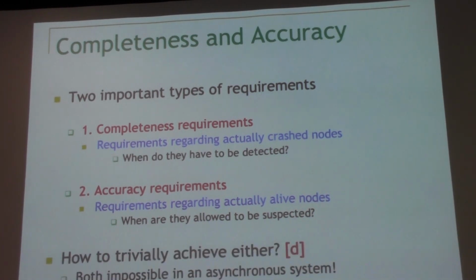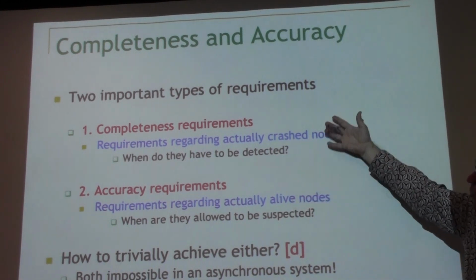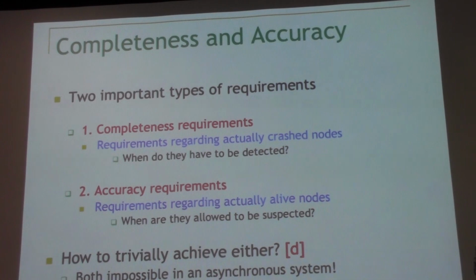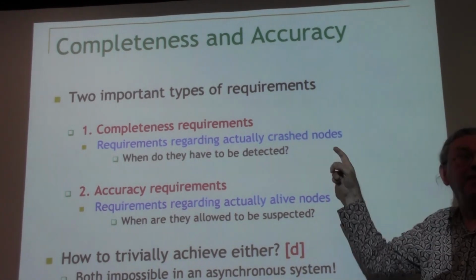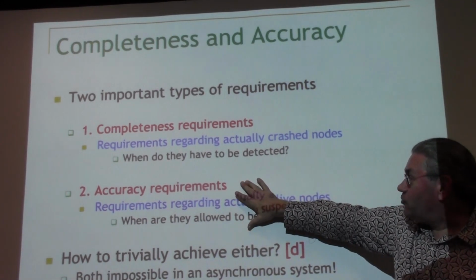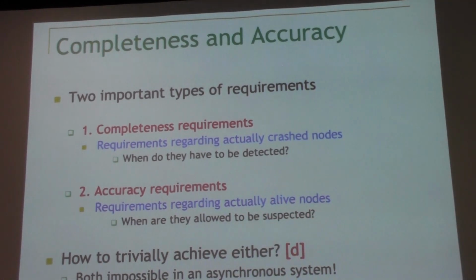Now, remember our discussion on safety and liveness. There's, of course, a trivial way to get one or the other. For example, completeness. How do I get completeness? What's the trivial way, if I just want to get completeness? Just say that they all crashed. Say that everybody has crashed. I won't miss any. But what if I just want to do accuracy?